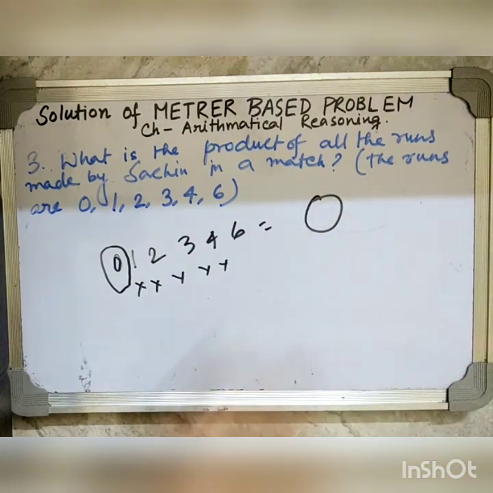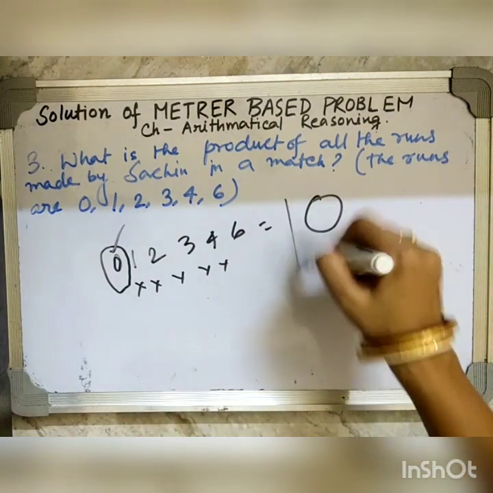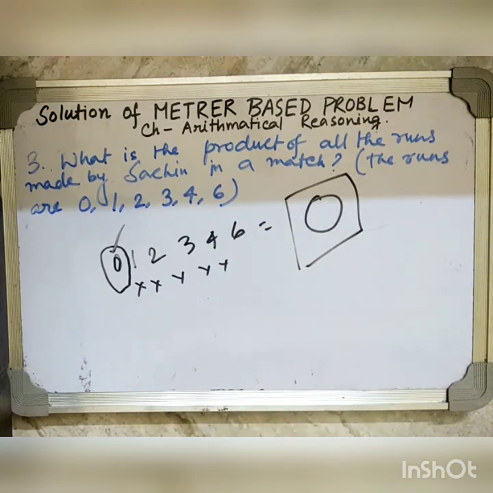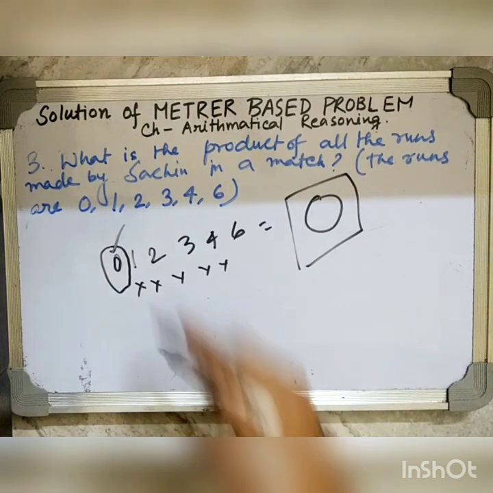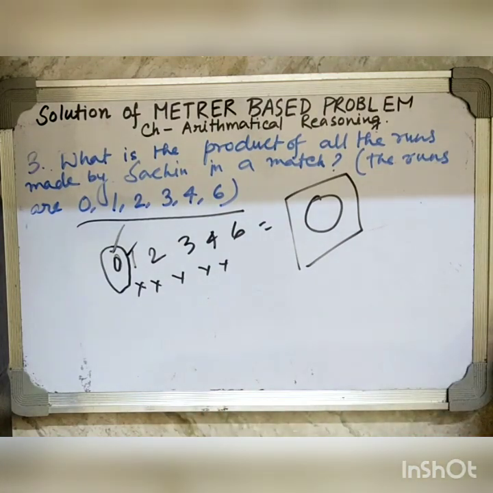Whenever we get this digit 0, whatever the number is being multiplied with this 0, the answer will always be 0. So what is the product of all the runs made by Sachin? These are the runs. We are getting 0 here. That's why the product will be 0, which is the product of all the runs made by Sachin. Okay. Now let's come to the next question.